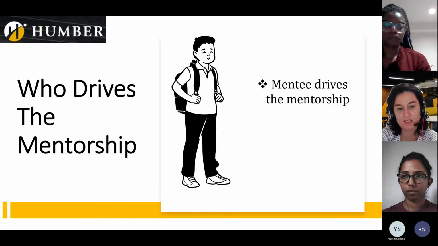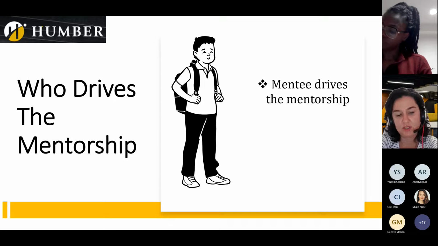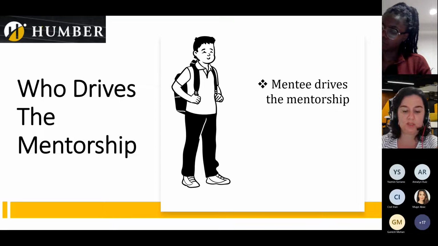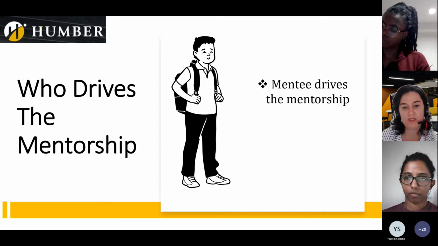It's a pretty common practice, especially from organizations who help internationally trained professionals to find employment and to integrate in the workforce, to design and create these mentorship programs. And the question for all mentees would be whether the mentor is the one who has to guide the relationship, because the mentor is more experienced.